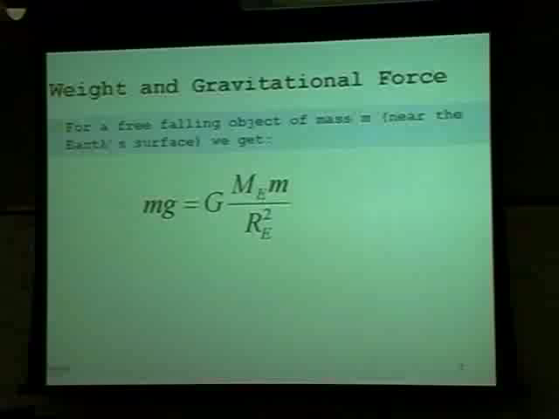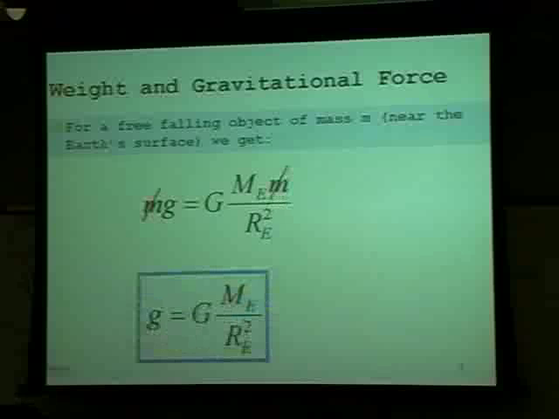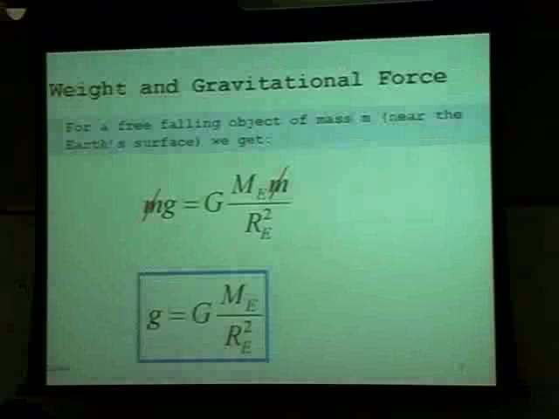If I look at this, my mass is on both sides of this equation. So I can actually cancel that out. And I get that little g, that constant that you all know and love right now, at 9.80 meters per second squared, sometimes 9.78 meters per second squared if you're in Alabama.